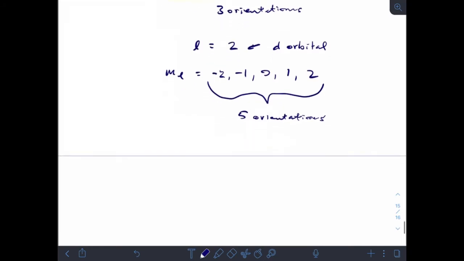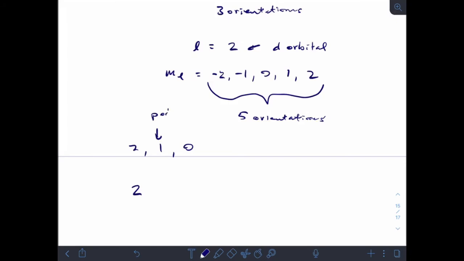Okay, so the way this works is we put quantum numbers together, separating them by commas. So if I said 2, 1, 0, that means that I have a principal quantum number of 2. The 1 tells me that's a p orbital. And the 0 tells me that it's a particular orientation.